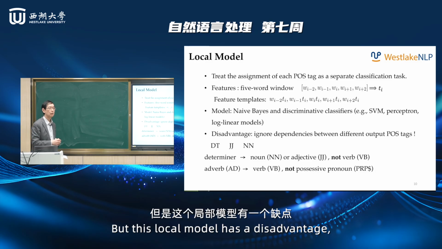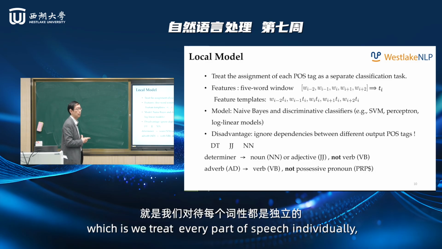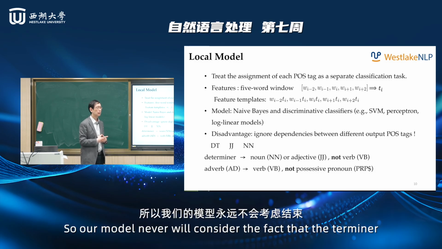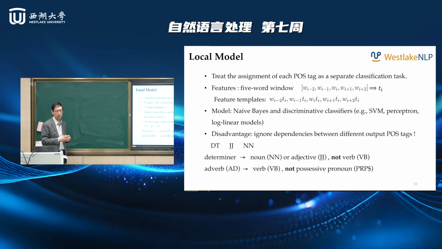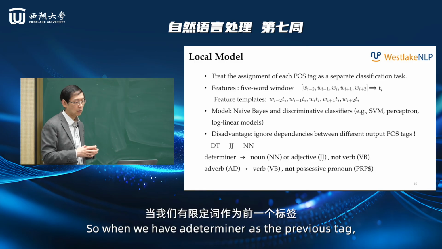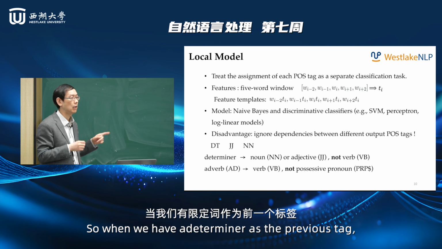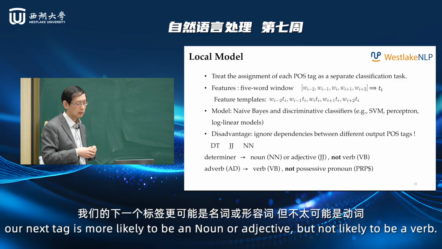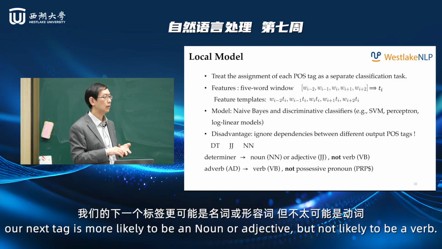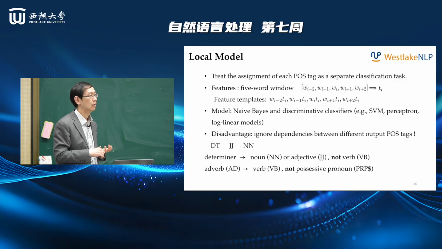But this local model has a disadvantage, which is we treat every part of speech individually, right? So our model never will consider the fact that a determiner will be followed by an adjective or noun. When we have a determiner as the previous tag, our next tag is more likely to be a noun or adjective, but not likely to be a verb, right?